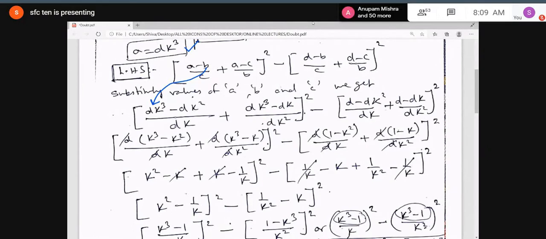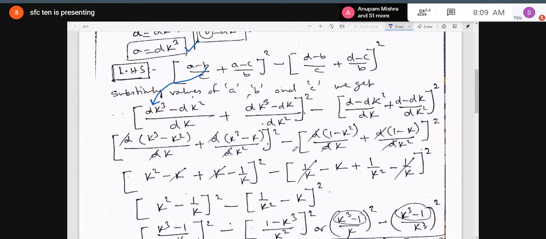Similarly, for the second bracket also, wherever A, B, C are coming, I have substituted their value. Then in the first bracket, in the next step, D I can take common, and I have cancelled D everywhere.